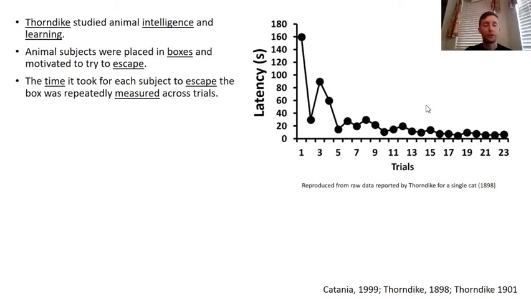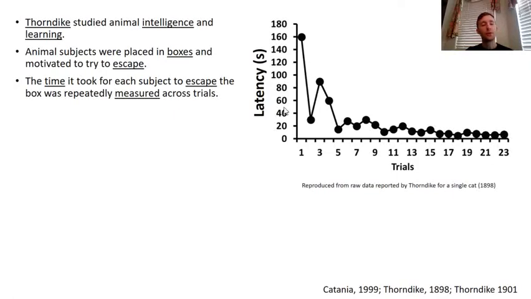For example, these are data reproduced from a raw data set reported by Thorndike for a single cat in 1898. On the x-axis, trials are depicted, and latency, or the number of seconds that it took from the animal being placed in the box till the animal escaped the box, is depicted on the y-axis from 0 to 180 seconds here.